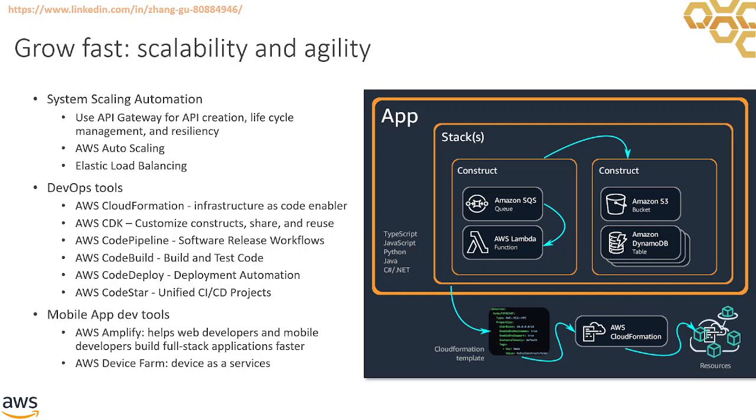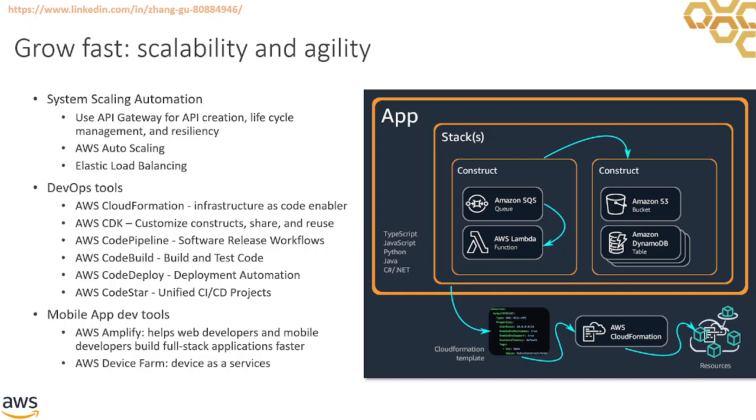AWS provides bunches of DevOps tools and services, smoothly working with a vast range of AWS services and third-party services, among which AWS CloudFormation is the basic automation tool to enable infrastructure as code.